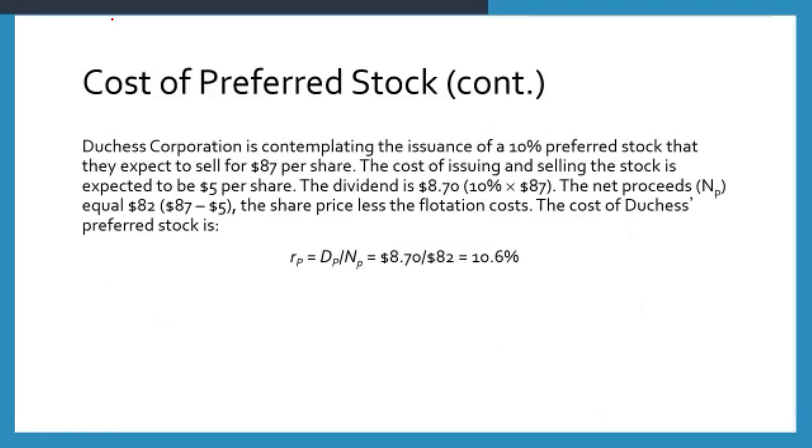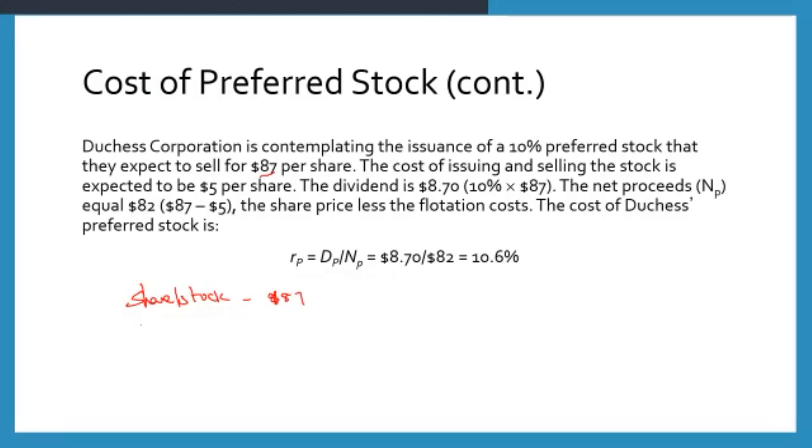Here we have again Duchess Corporation, which is contemplating the issuance of a 10% preferred stock that they expect to sell for $87 per share. The cost of issuing and selling the stock is expected to be $5. So we know the stock price is $87.